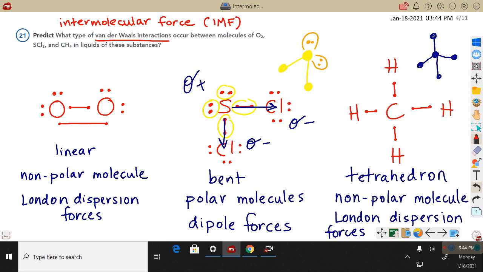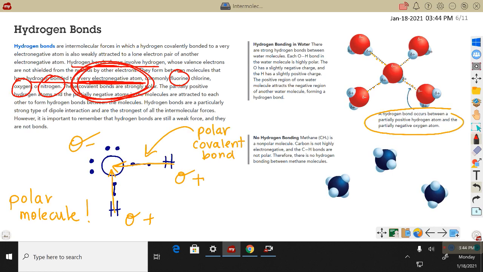Sometimes you have to sketch the structure first. If it's a nonpolar molecule, then you're only talking about those weak London dispersion forces. Polar molecules will have either dipole forces or hydrogen bonds. And that's the trick with the hydrogen bond. It has to be hydrogen bonded to F, O, or N.